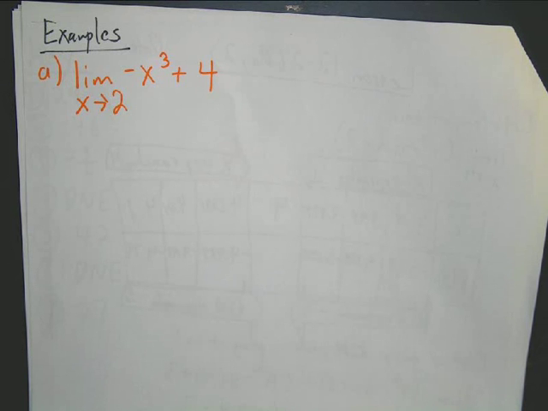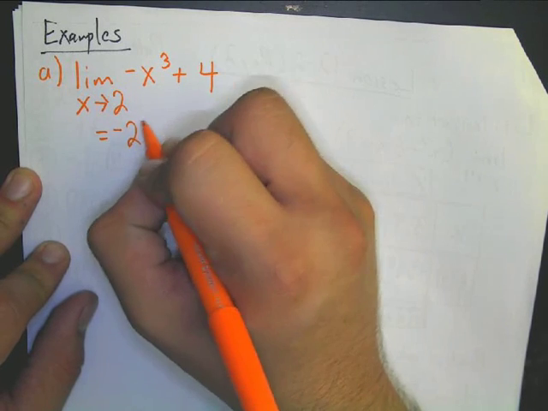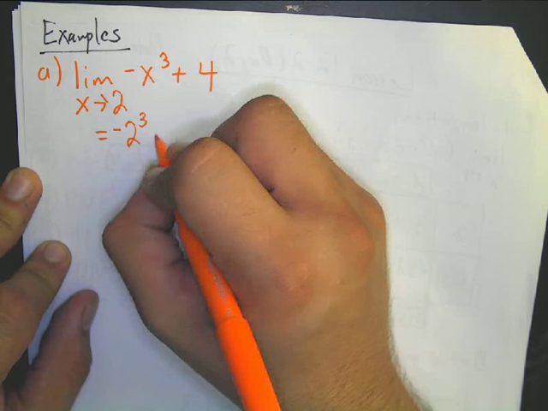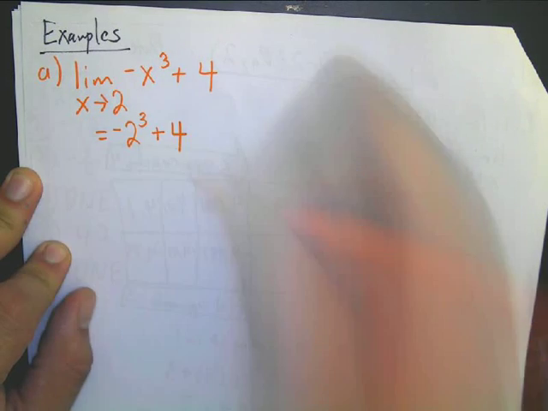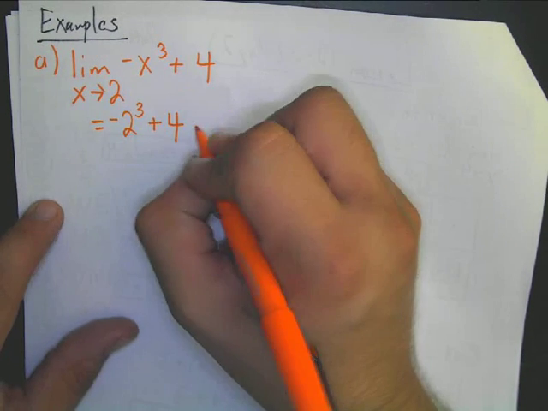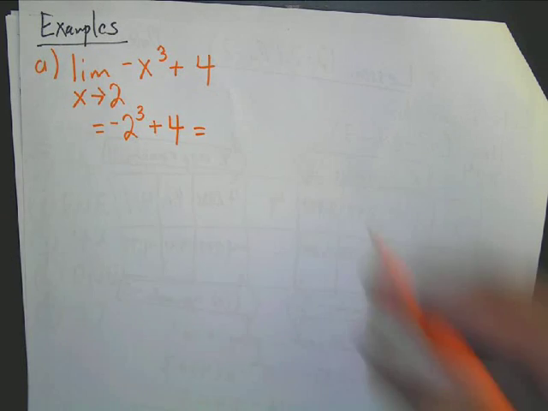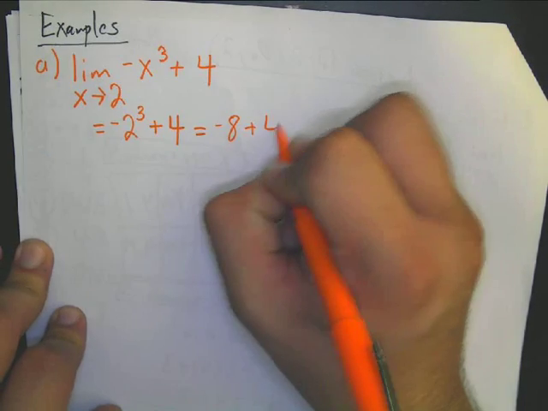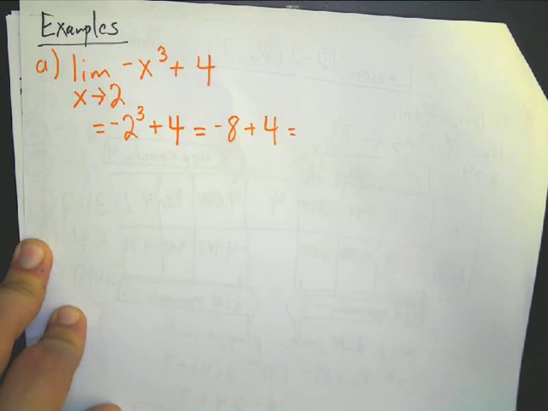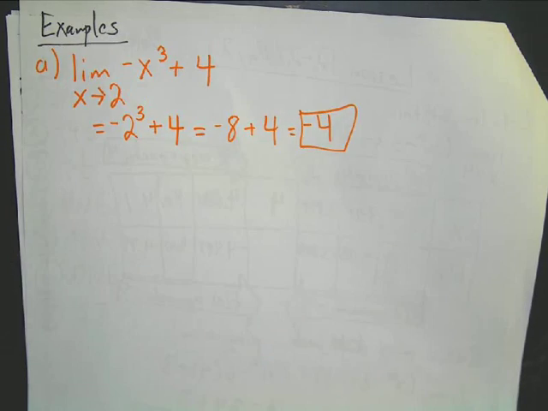We just plug in the 2. So we say negative 2 cubed plus 4. Anybody know what 2 cubed is? 8. So negative 8 plus 4, and of course we know that is negative 4. Pretty simple, nothing too complicated, you're just plugging in.